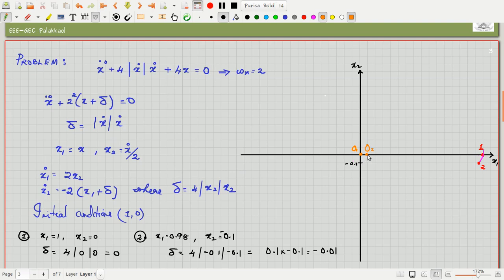So with O2 as center and O2-2 as radius, I have to draw a new arc now. Okay, I have drawn a new arc here, so I reach another point here, the third point. Similarly, I have to move forward. When I'm at point 3, I will get a new delta, O3, and I will move to another point.